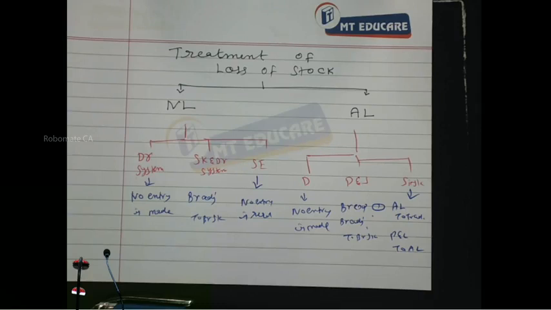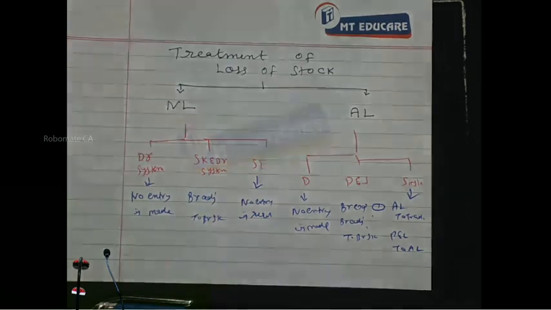For normal loss the entire amount is transferred by branch adjustment to branch stock. For abnormal loss, branch expenses debit, branch adjustment debit to branch stock. Under final accounts, normal loss no entry, abnormal loss to trading, P&L to abnormal loss. Could you appreciate that? Pakka?